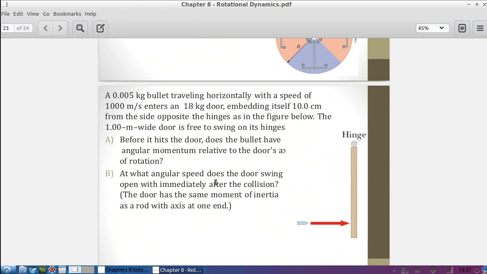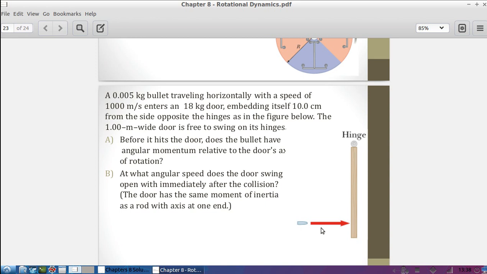Okay, so here we have another problem which is kind of similar. We've got a door which we're going to model as a solid beam or a solid rod. So this has a moment of inertia, and a bullet hits the door, and the door is stationary.